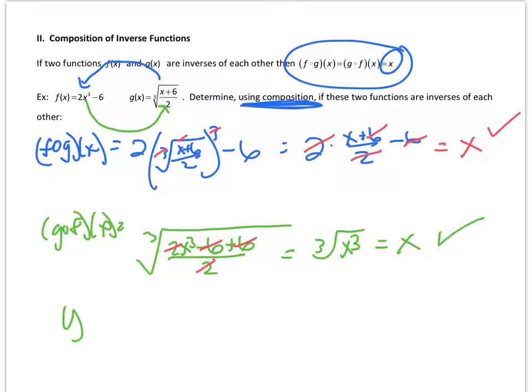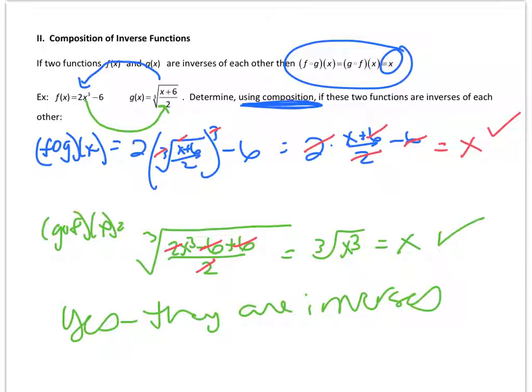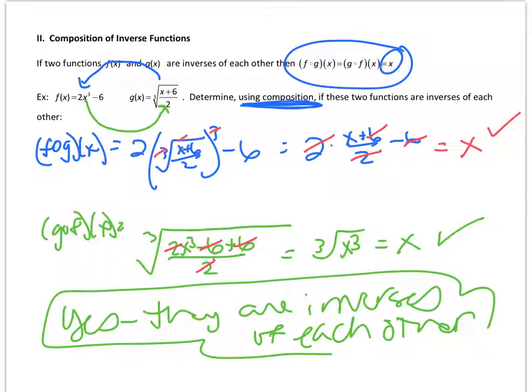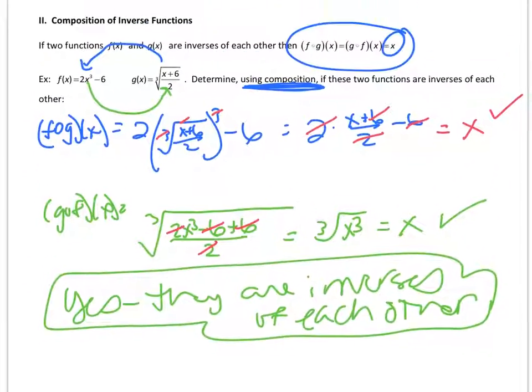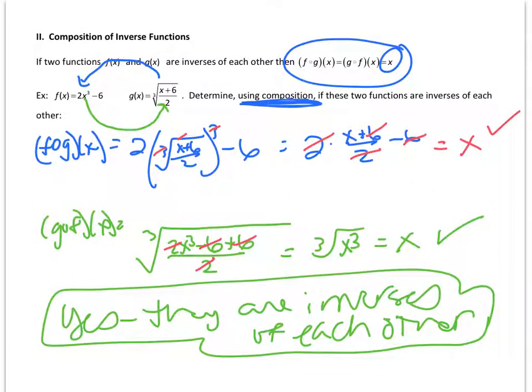And so, yes, they are inverses of each other. Let's see if there's anything else. That's the end of 1.7.